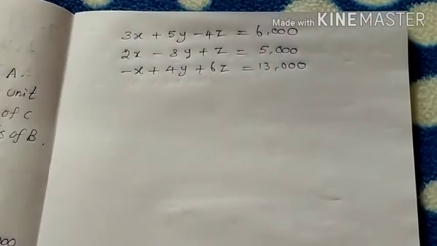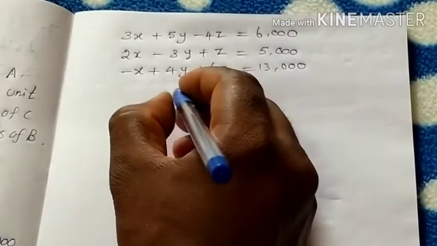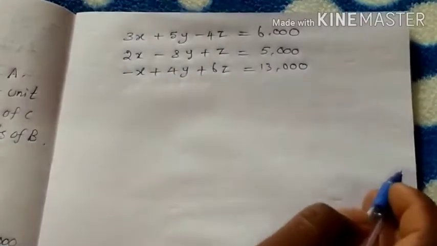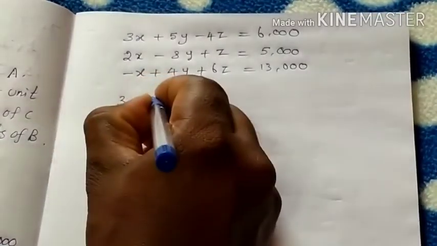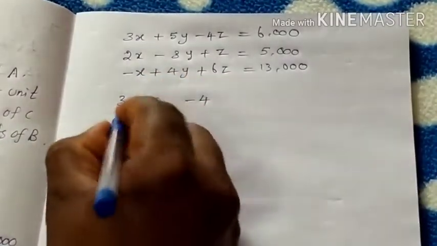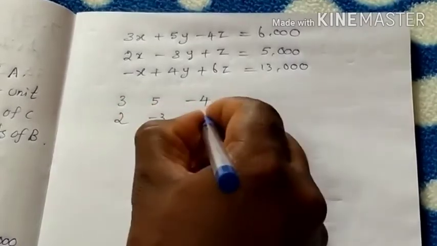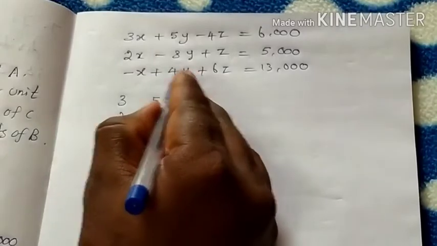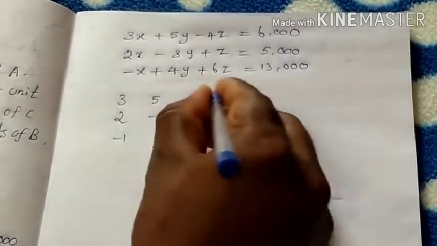Next, write the matrix form. Write the coefficients of all the variables: 3, 5, minus 4; 2, minus 3, 1, where the coefficient of z is 1; and minus 1, 4, 6.